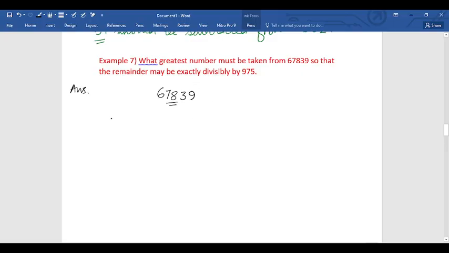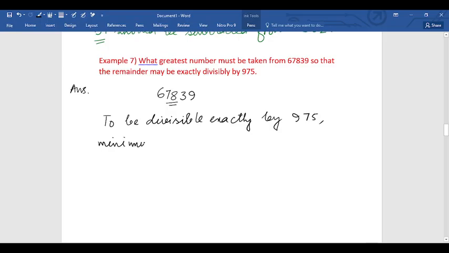Now to be exactly divisible by 975, the minimum number should be 975.